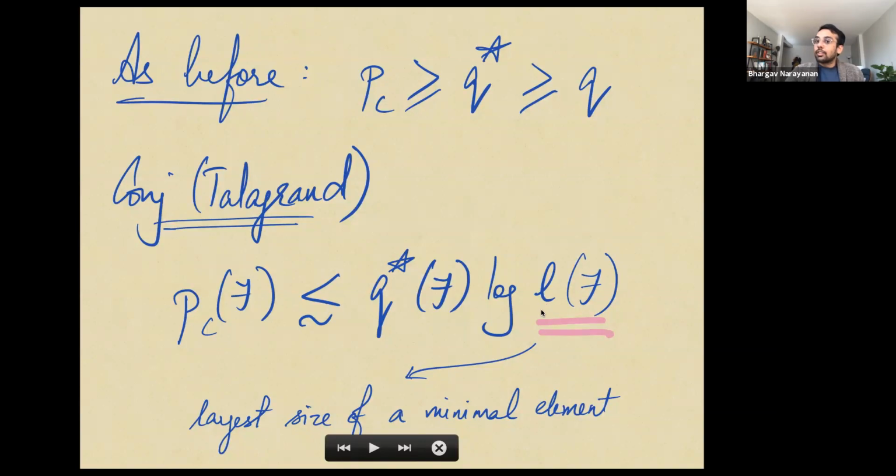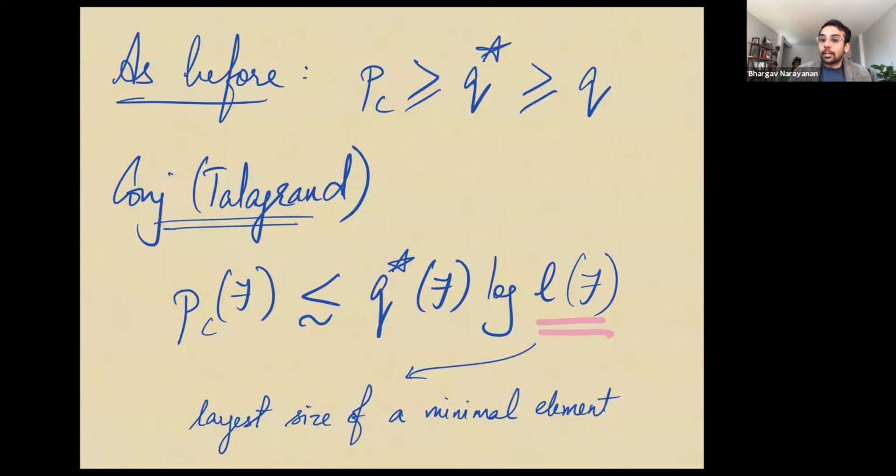But he strengthens the conjecture slightly, strengthens Kahn and Kalai slightly by saying that the logarithmic correction need not depend on the size of the entire universe X that we're working over, but all that matters really is the largest size of a minimal element of F. So for example, when we were looking at K4s, the upset was generated by all the copies of K4 inside the complete graph, in which case L of F just happens to be 4.